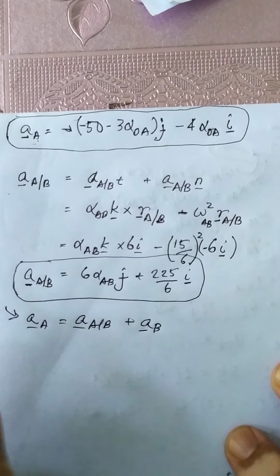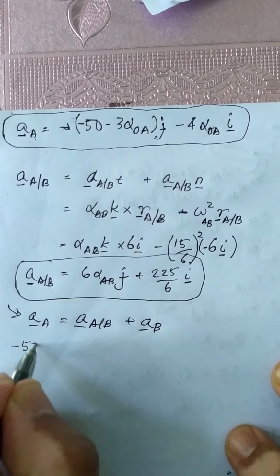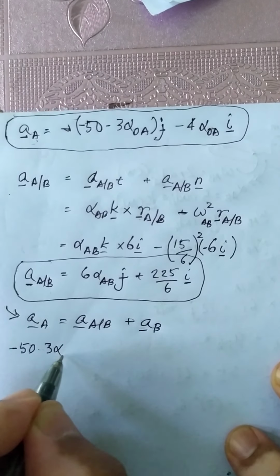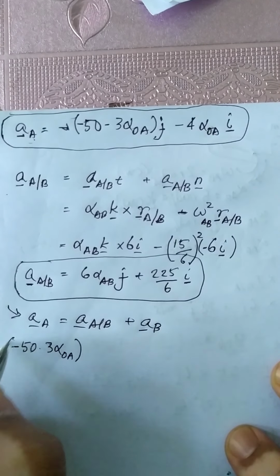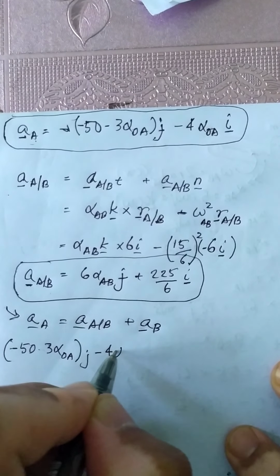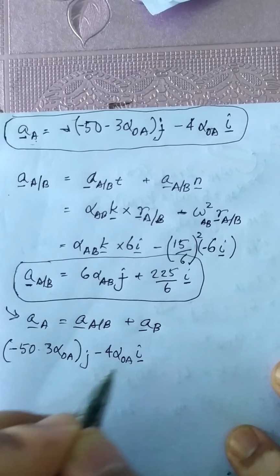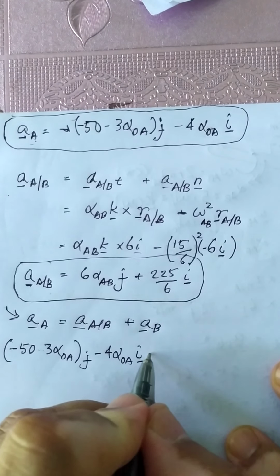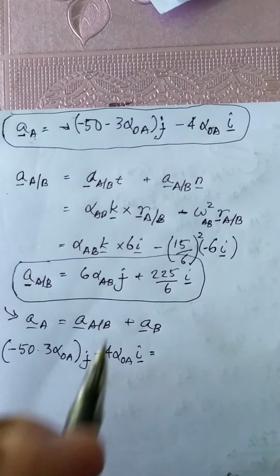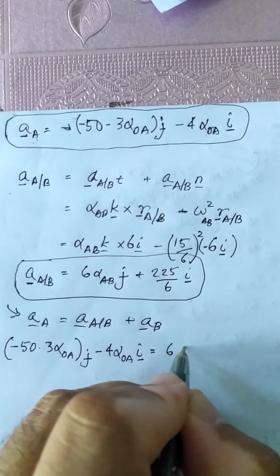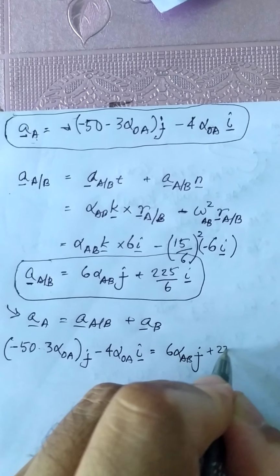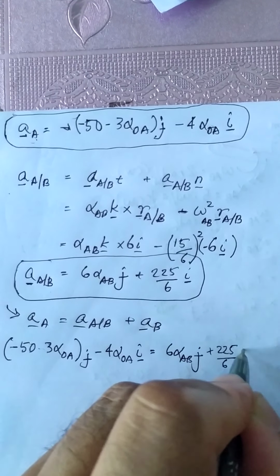We know what A is, minus 50 minus 3 alpha OA j, minus 4 alpha OA i. Then 6 alpha AB j plus 225 over 6 i.